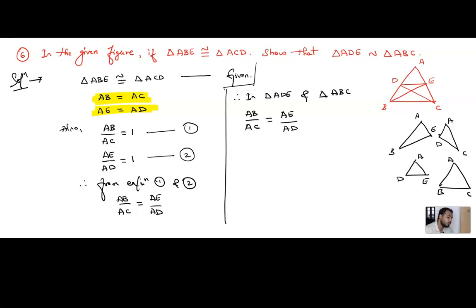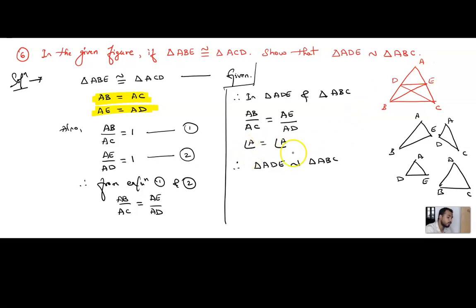Now in both the figures, in triangle ADE and triangle ABC, we can say that the top angles are equal. That is, angle A is equal to angle A. It is a common angle. So therefore we can say that triangle ADE is similar to triangle ABC, because AB is proportional to AC, and AE is proportional to AD, right?